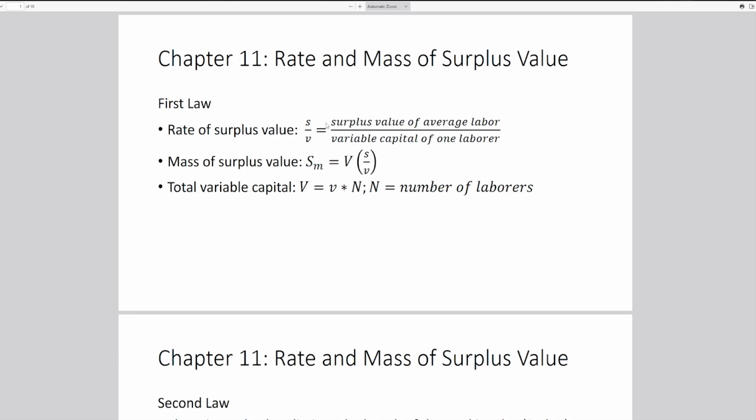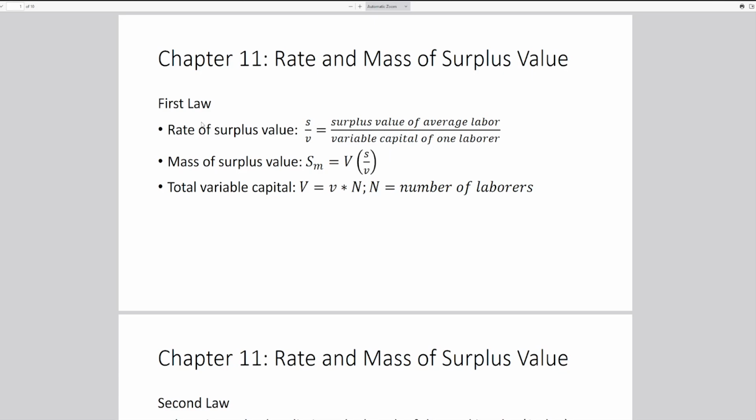This is lowercase s, the surplus value of one labor power, typically the average labor power. And lowercase v is the variable capital for one laborer, or in other words, their wage.